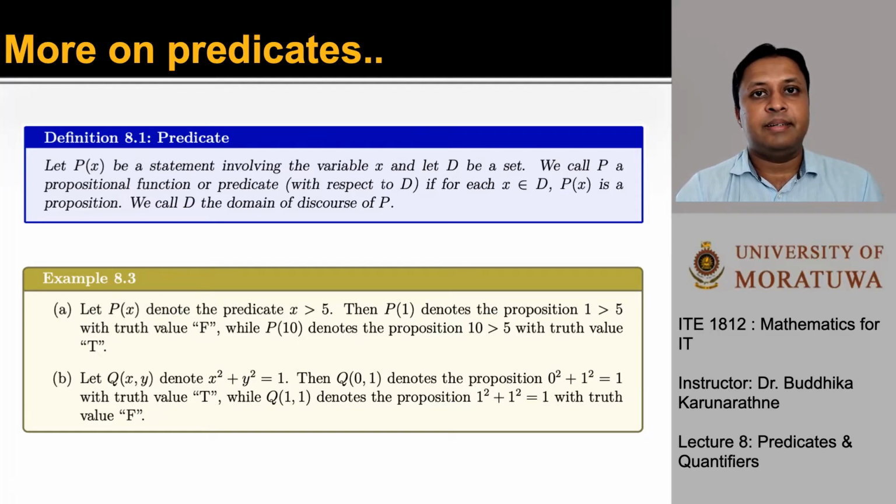We understand that the statement becomes true and the truth value becomes T. While Q(1,1) denotes the proposition 1 squared plus 1 squared is equal to 1. In this case, we know that the statement becomes false with truth value F.